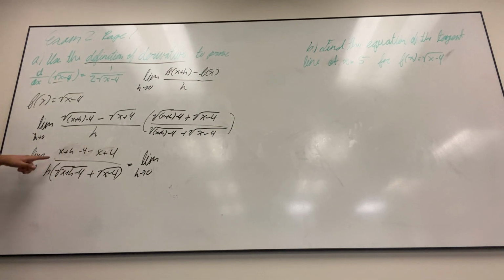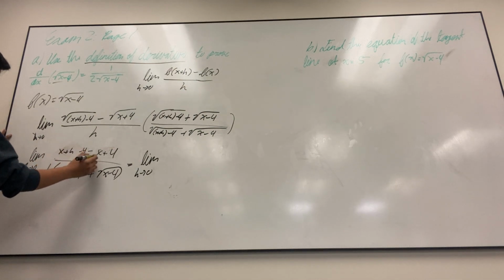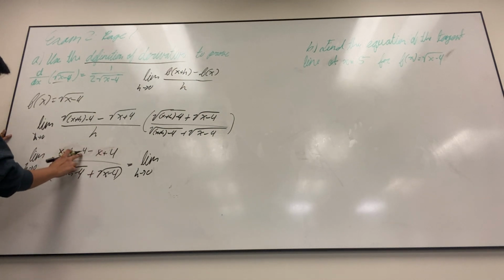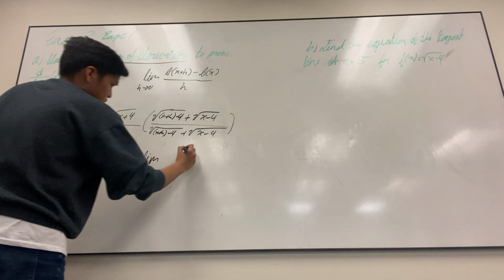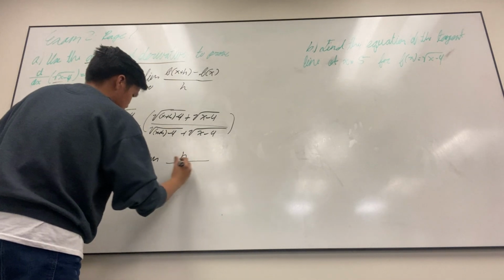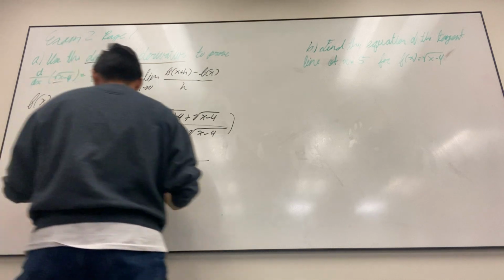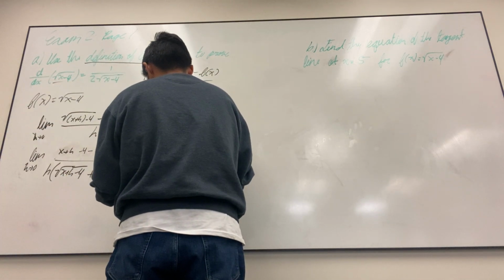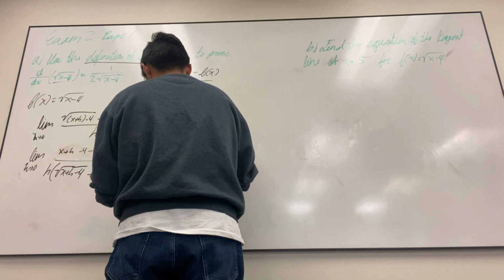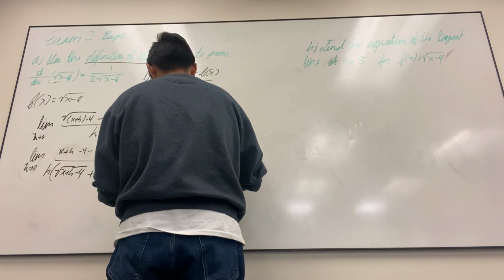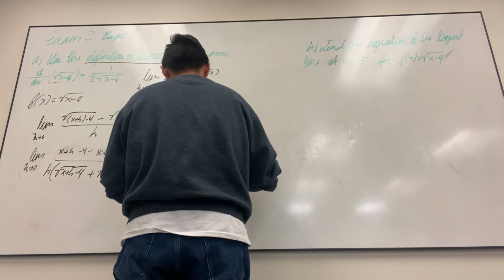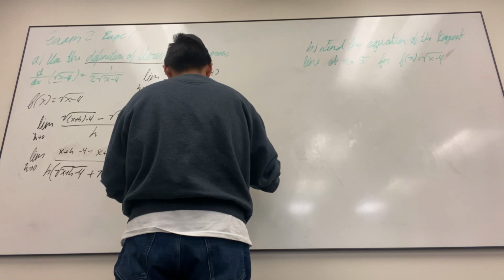So in this case, you cancel out the terms on the top. x minus x just cancels out. Negative 4 plus 4 cancel out. So all you're left with is h over the same thing, square root of x plus h minus 4 plus square root of x minus 4.